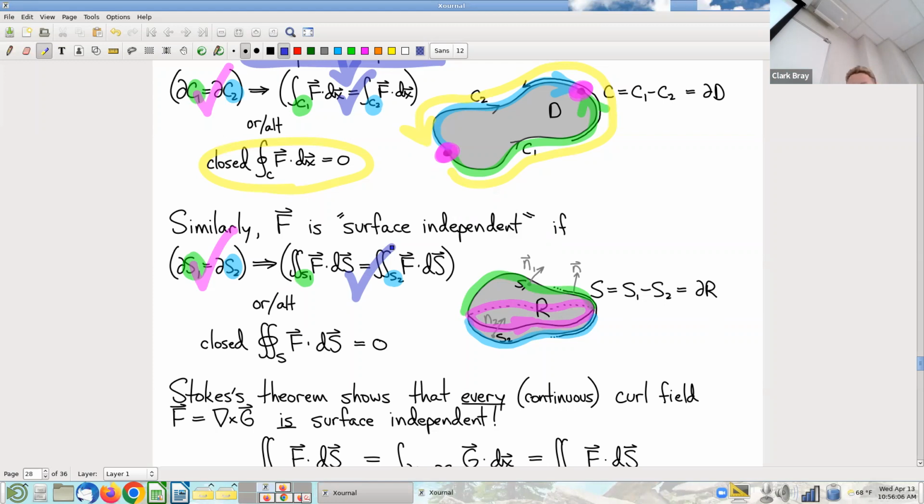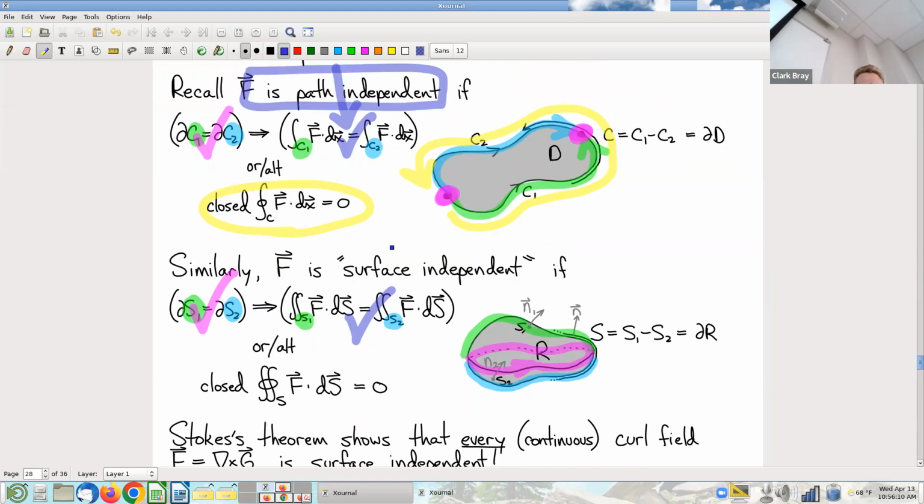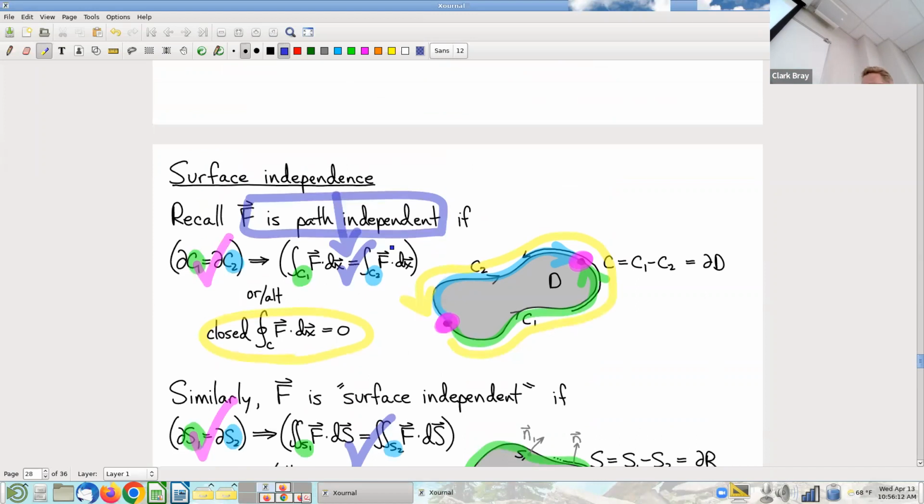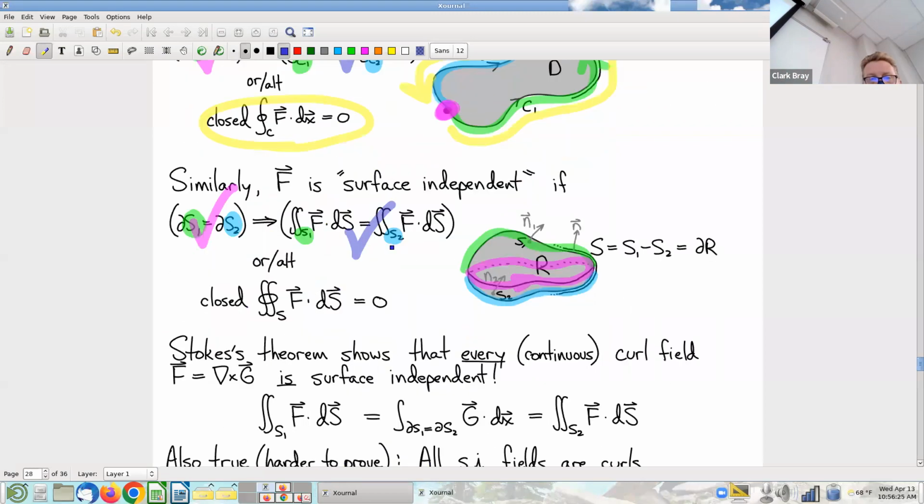Outrageous to suggest that this would be true. Just like it was outrageous to suggest this, that you're telling me there's a vector field that doesn't care which path you integrate along? Come on. Right? Well, it turns out, of course, absolutely, it works in a large number of cases. It's all gradients, right? Well, there is this corresponding notion of surface independence.